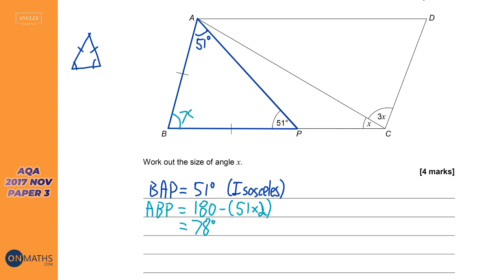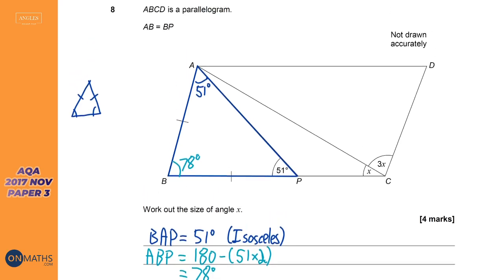So we know this one here is going to be 78 degrees. Now it might look like I haven't really gone anywhere close to answering the question, because 78 degrees is all the way at the bottom left, and the bit we're trying to find is all the way at the bottom right. However, it says that this is a parallelogram at the top there.